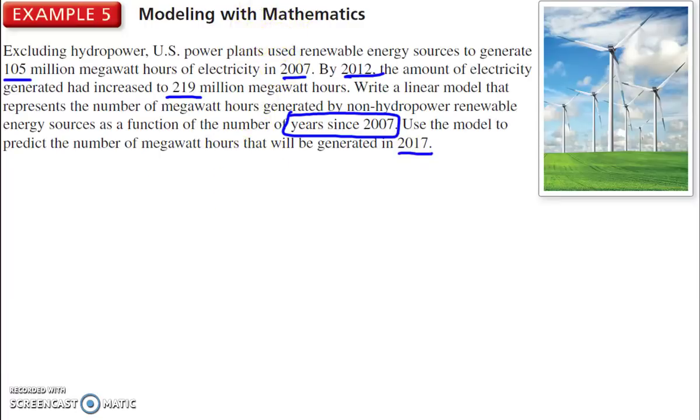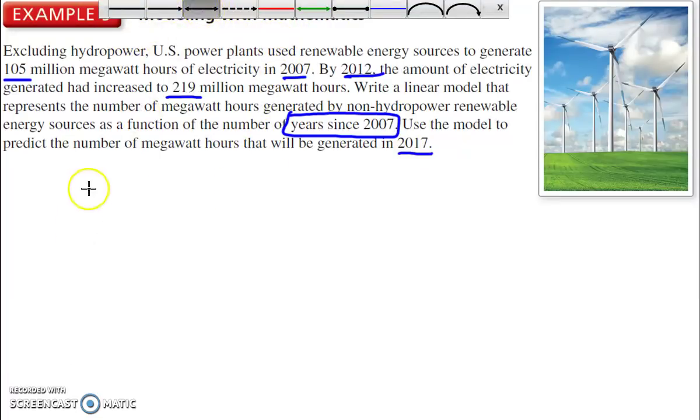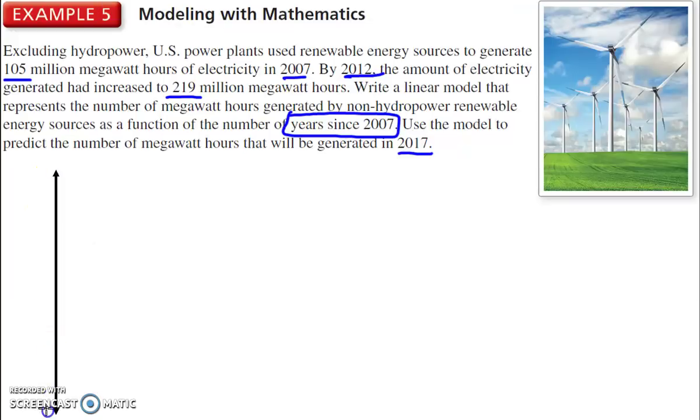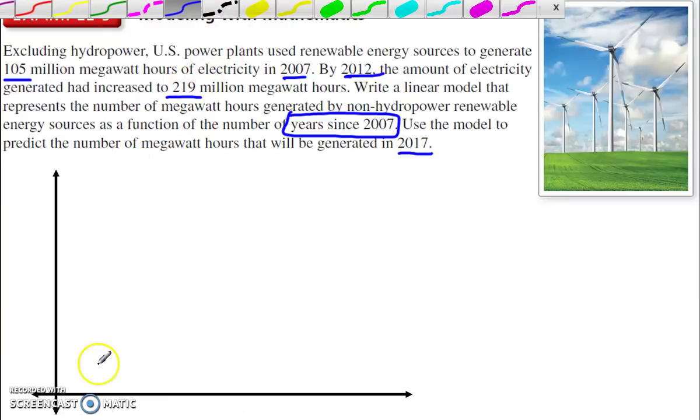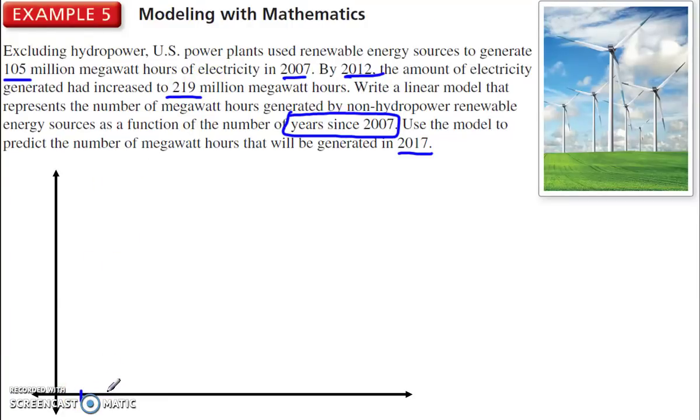Okay, so we can set up a graph for this so you can visualize it. Here we have years since 2007. Now, I'll briefly write 2007 is our first year. Then 2008, 2009, 2010, 2011, 2012, 2013, and so on. So that's the years since 2007.